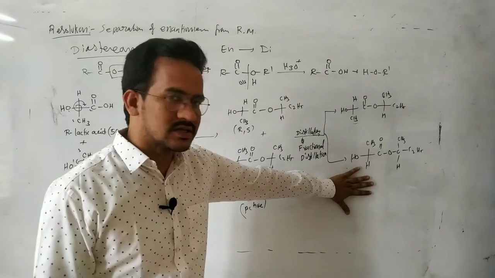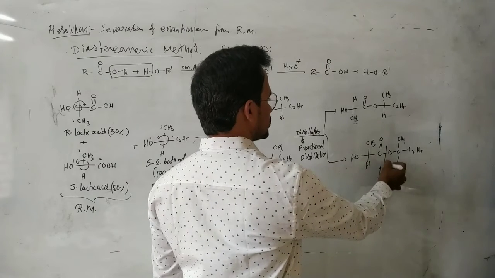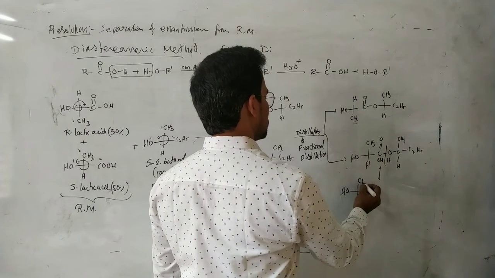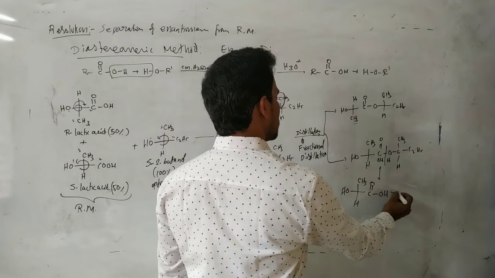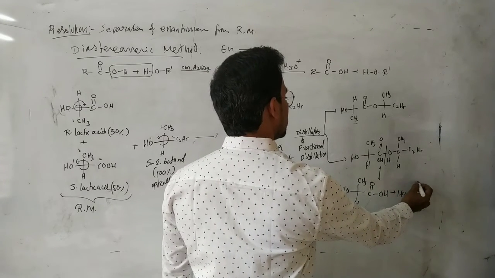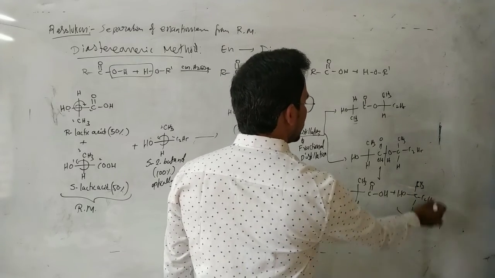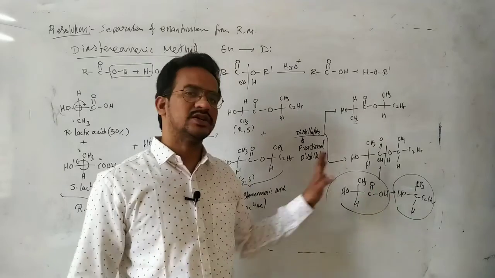Now from this ester, how to get our enantiomer? So here this one on hydrolysis, here H, this is OH. So here OH, here CH3 and hydrogen, C double bond OH, and here OH, carbon and CH3, hydrogen, C2H5. Now again these two compounds must be separated by using the distillation technique.